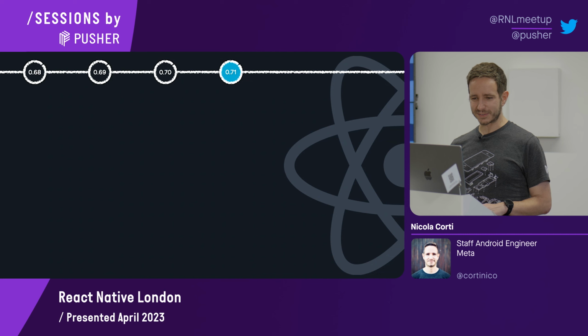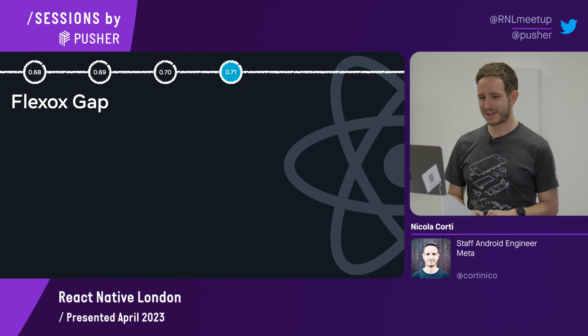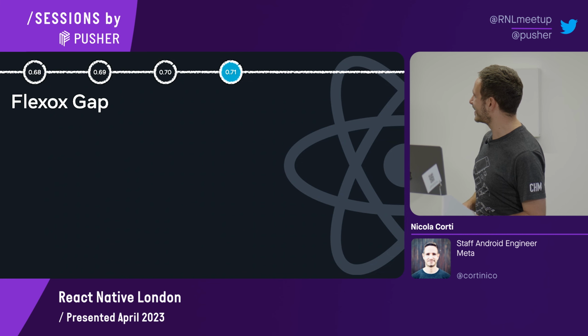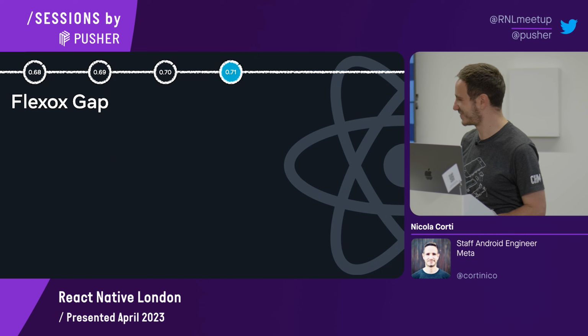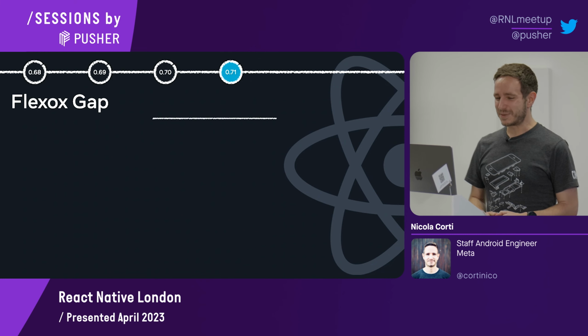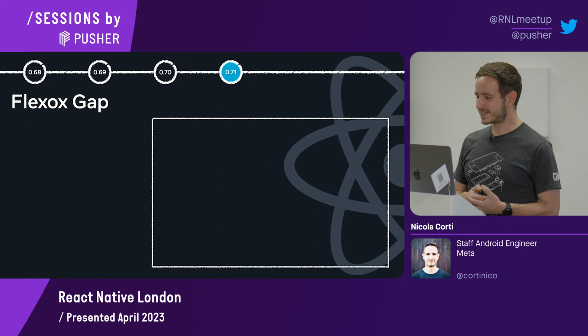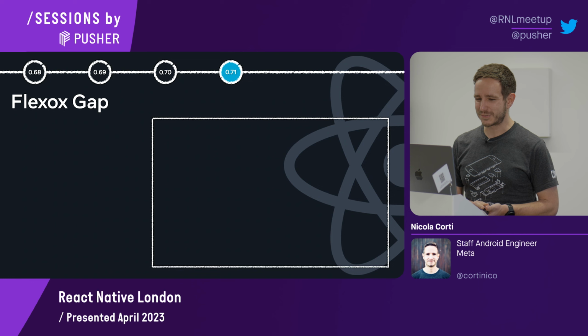Another quite big change is Flexbox Gap. And this reminds me that I should not fix the slides 2 minutes before the talk, as I forgot a bit. But yeah, so what is Flexbox Gap? Let's say that you want to create a complex layout like this one.